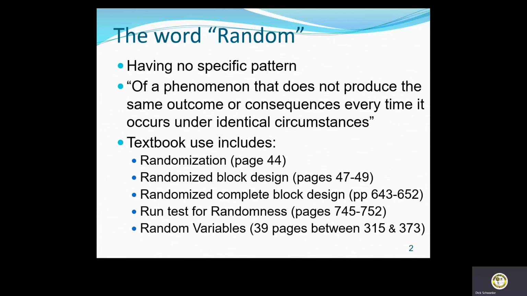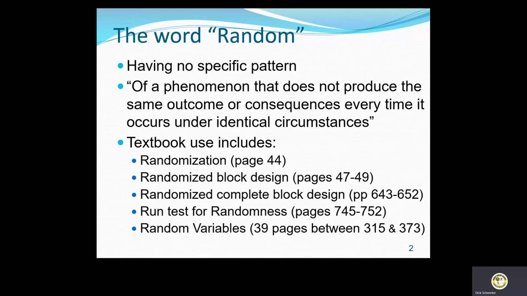Our textbook uses the word random in a bunch of different places. You can see there randomization on page 44, randomized block design, 47 to 49, randomized complete block design, way back towards the end, page 643 to 652. There's a test for randomness on pages 745 to 752.